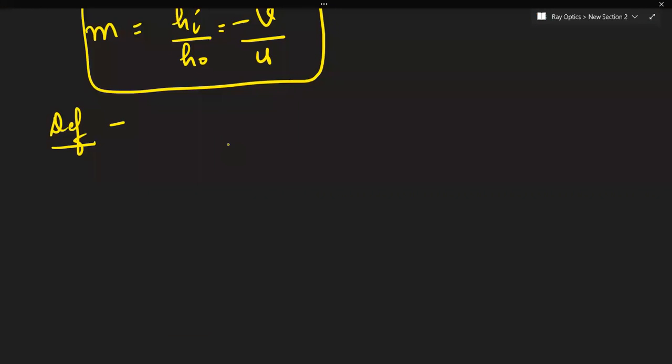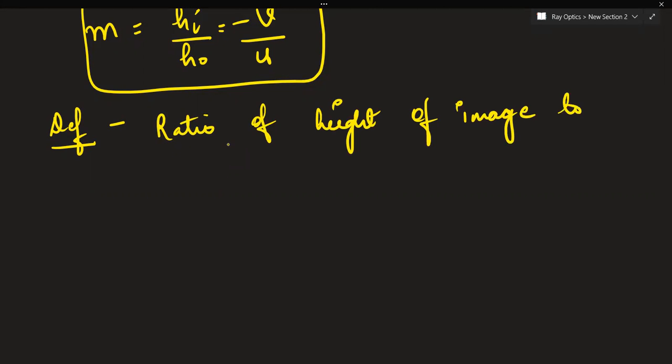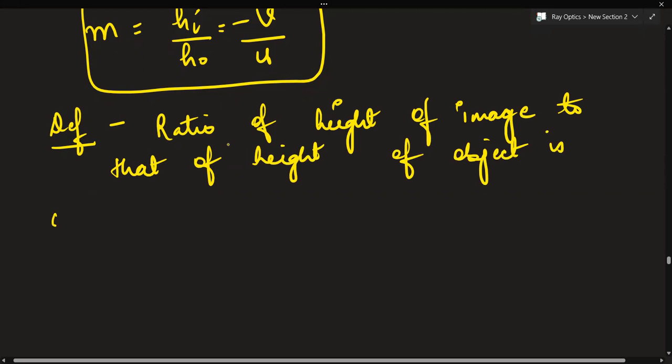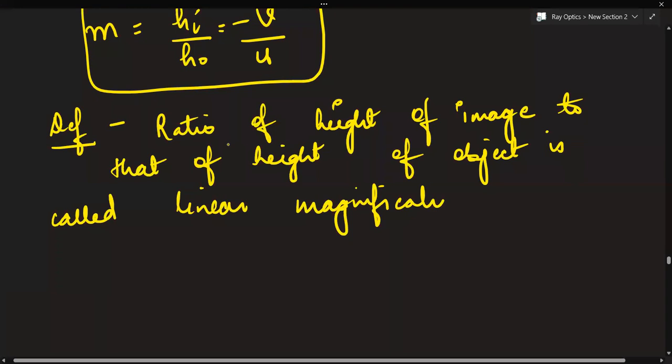Ratio of height of image to that of height of object is called linear magnification. So this ratio is known as magnification.